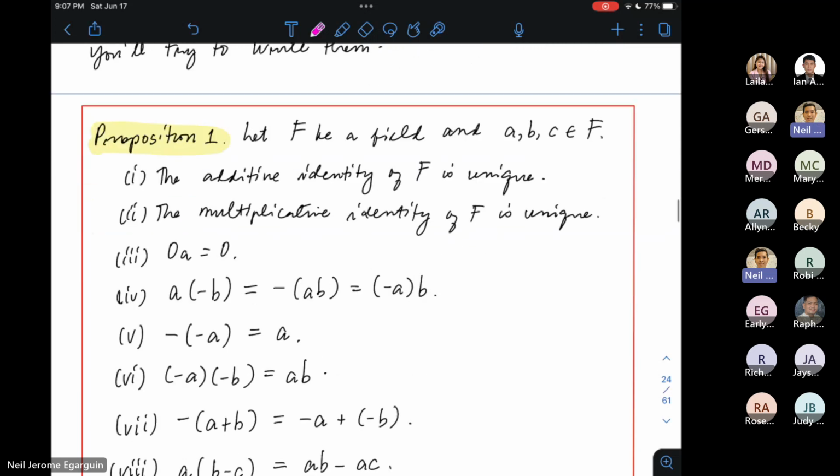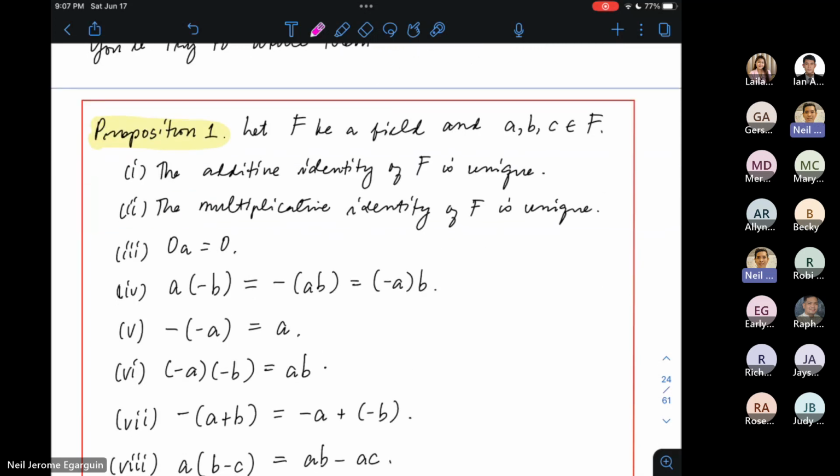And then if you look at some other properties, it will really feel weird that we need to prove them, like proposition 5 or proposition 1.5. Ang negative ng negative A ay equal kay A. Sa real numbers, alam natin yan kasi parang ano lang siya, negative ng negative A is positive A, right? Pero we don't read it that way in abstract algebra or in theoretical math. We read it as the additive inverse of the additive inverse of A is equal to A itself.